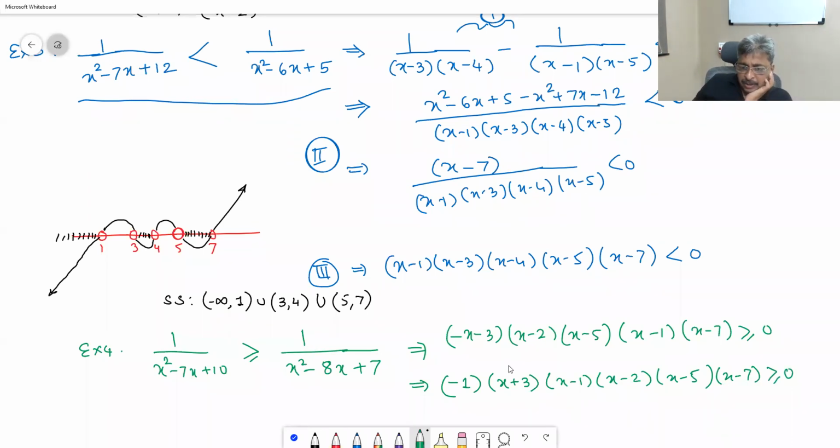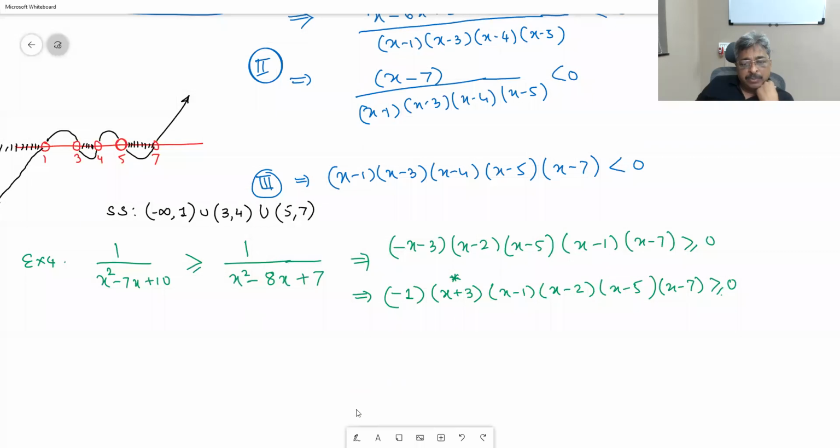This bracket is because of the cross multiplication and simplification. All these brackets are because of making the denominator a perfect square. I am putting a star mark here to show that x equal to minus 3 could be acceptable as far as this equality is concerned, but x equal to 1, 2, 5 and 7 are still not acceptable. That is why I am putting this star here.